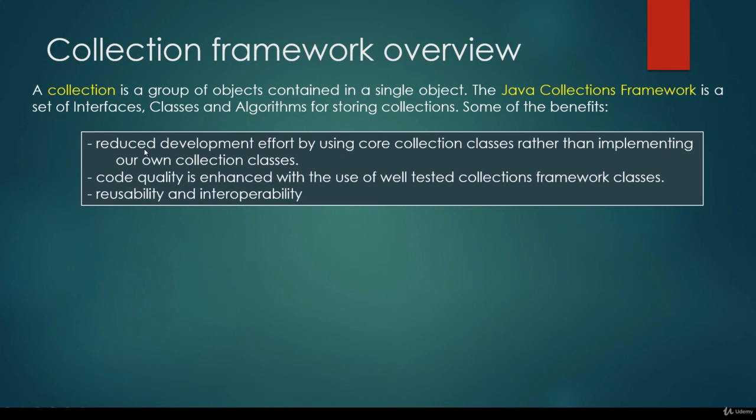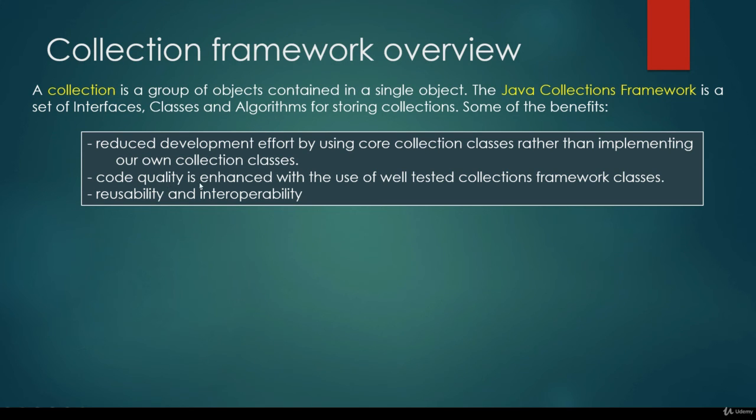Some of the benefits are reduced development effort by using core collection classes rather than implementing our own collection classes. So for example, if you want to implement a tree-like structure, a red-black tree, or a hash table, of course it is much more convenient to use Java collections framework related classes than implementing your own from scratch.